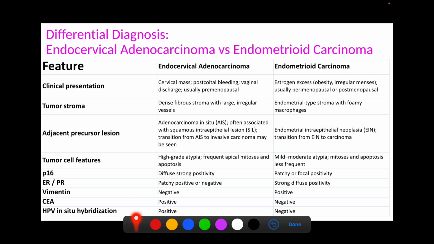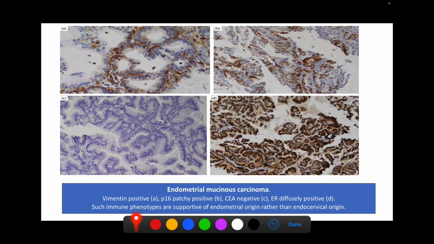ER and PR show patchy positive or negative, while strong diffuse positivity in endometrioid carcinoma. Vimentin is negative in endocervical while positive in endometrioid. CEA and HPV in situ hybridization are positive in endocervical while negative in endometrioid carcinoma.